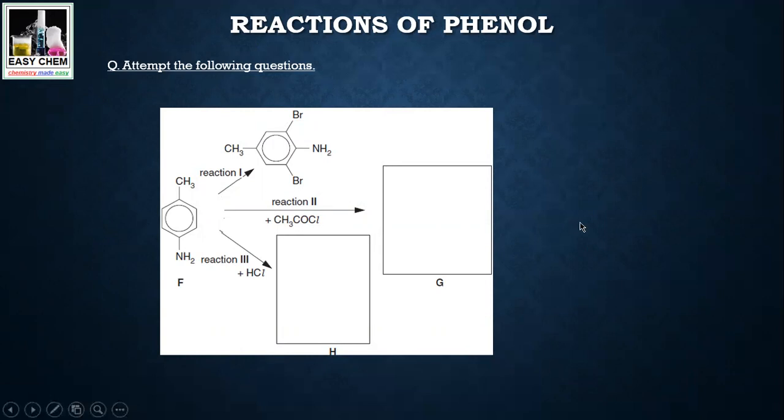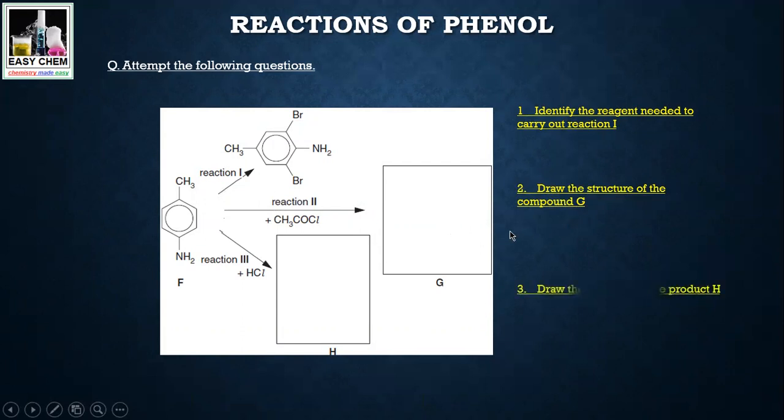What must you do now here? Identify the reagent needed to carry out reaction 1. Reaction 1 means this. Next one. Draw the structure of the compound G. Next one.